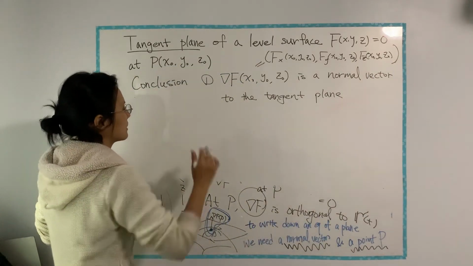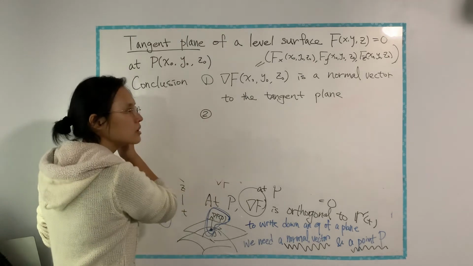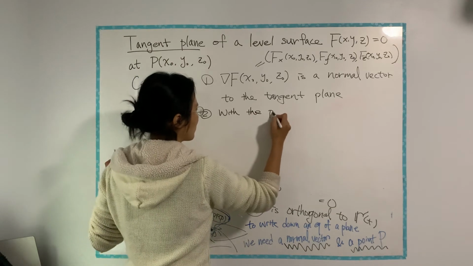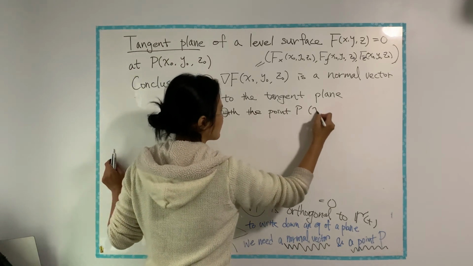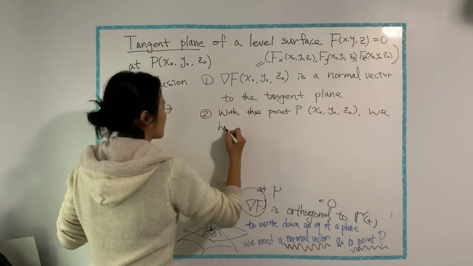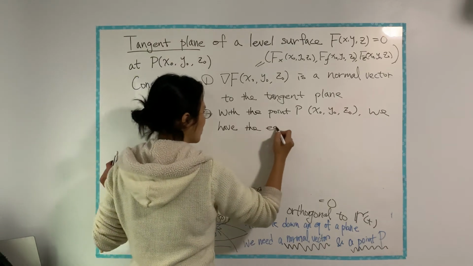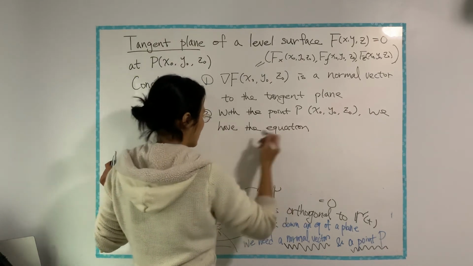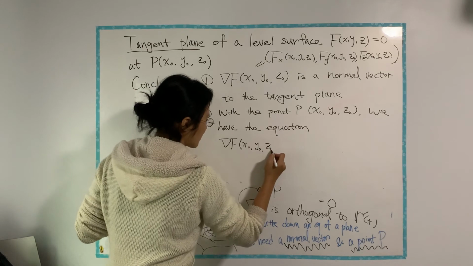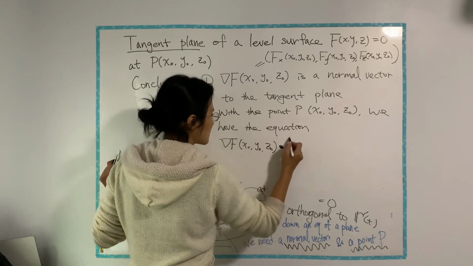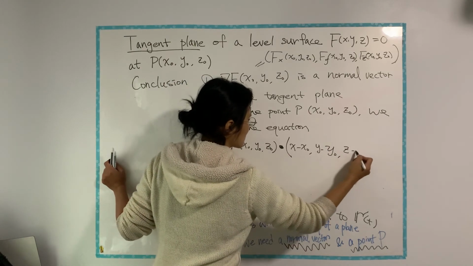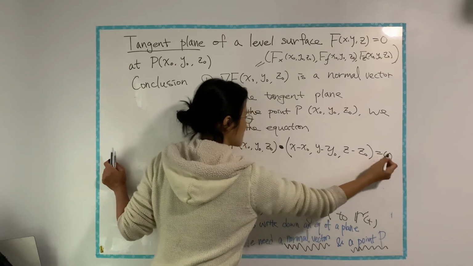And two, with the point P, x naught y naught z naught, we have the equation that is gradient f at the point dot x minus x naught, y minus y naught, z minus z naught equals 0.